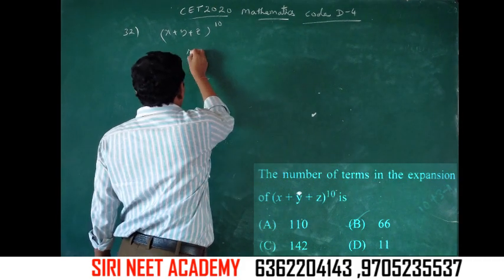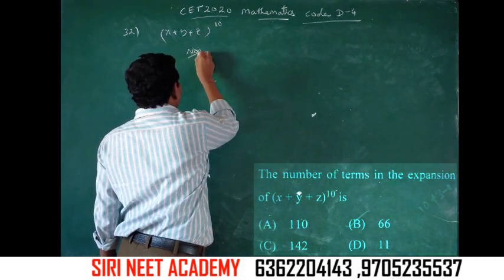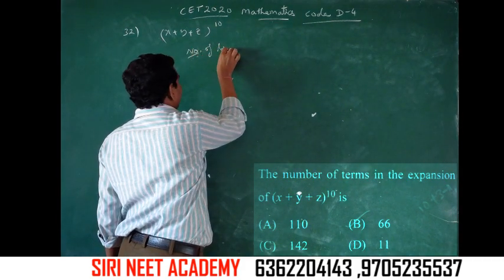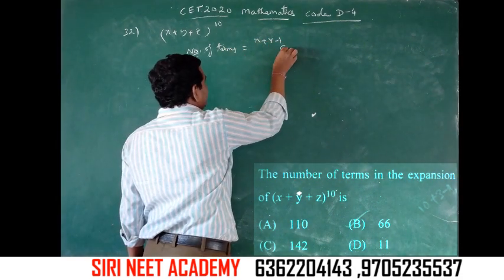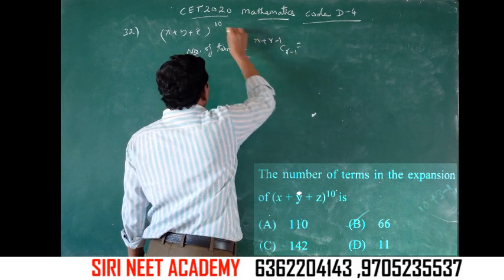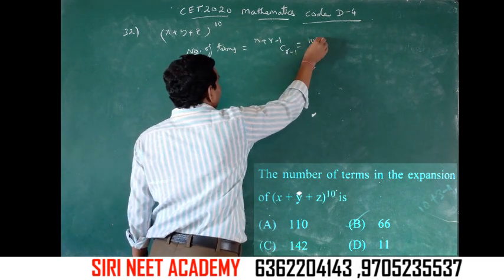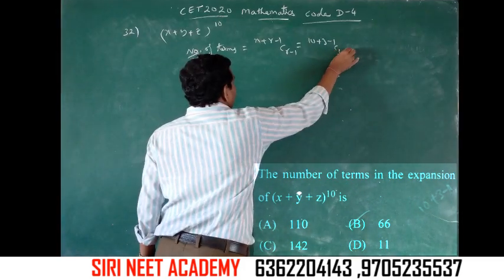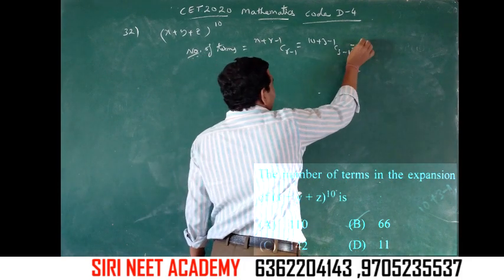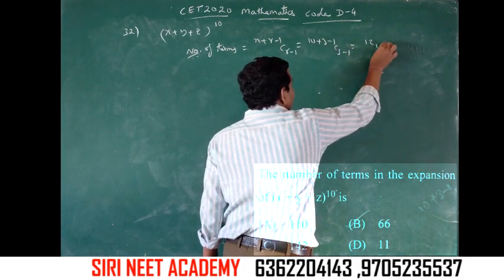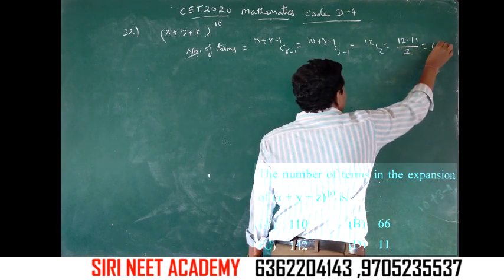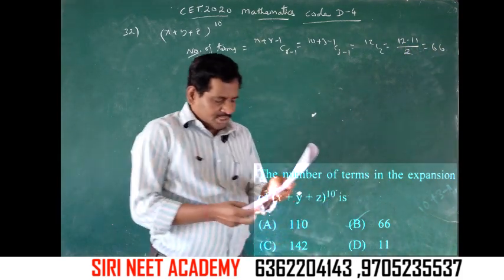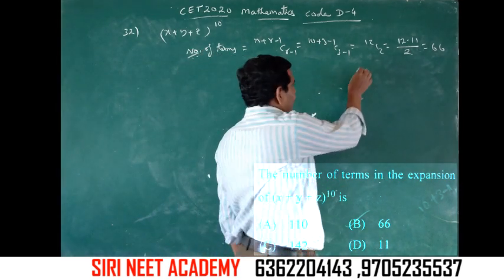Number of terms formula: n plus r minus 1 c r minus 1. N is 10, r is 3, minus 1, it means 12c2. 12 into 11 by 2, 66. So option B.